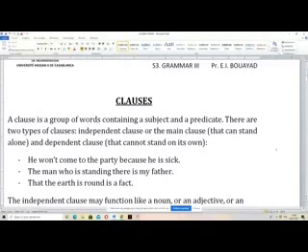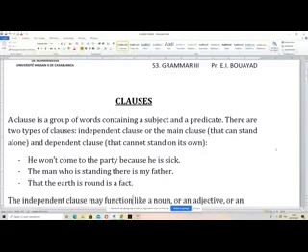But this kind of clause is not introduced by a subordinating conjunction like because. Okay, it's connected by who, the man who is standing there. What is who? Who in here refers back to the man, which means the referent is the man. Okay, so who here is a pronoun.